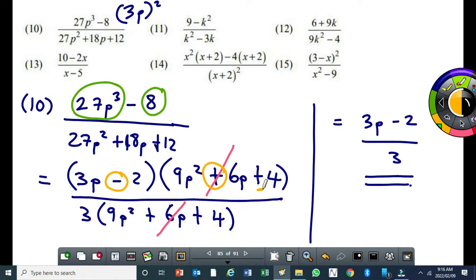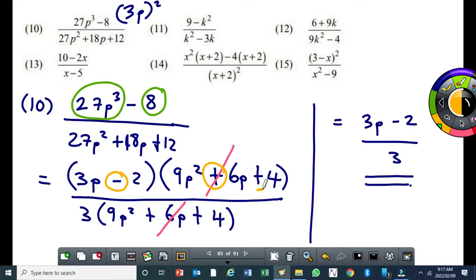Okay? And how do you get the first term of the trinomial? You square the first term of the binomial. How do you get the first term of the binomial? You find the cube root of this first term. Okay? So the cube root of this is that. Right? Then this squared gives you this. The cube root of 8 is 2.